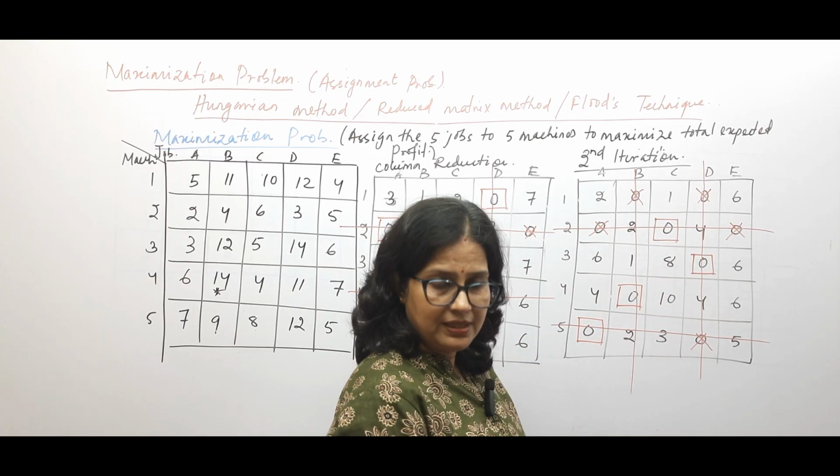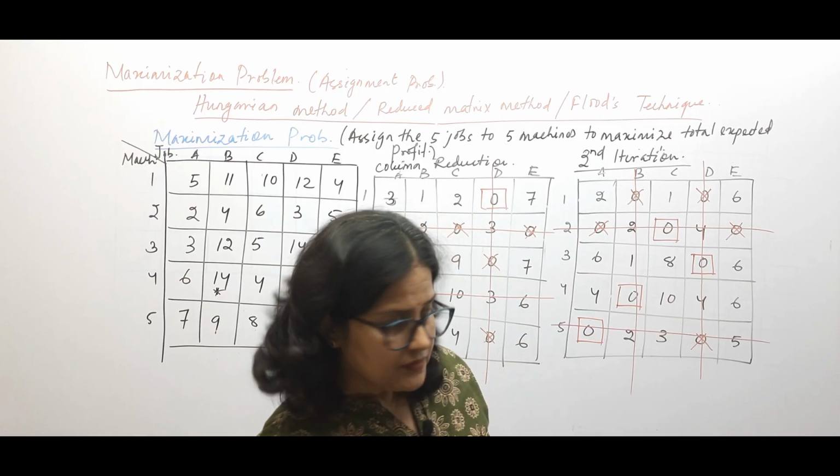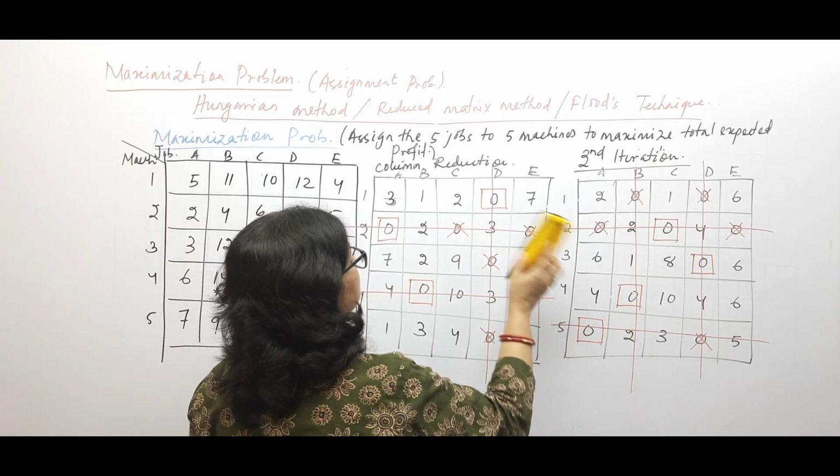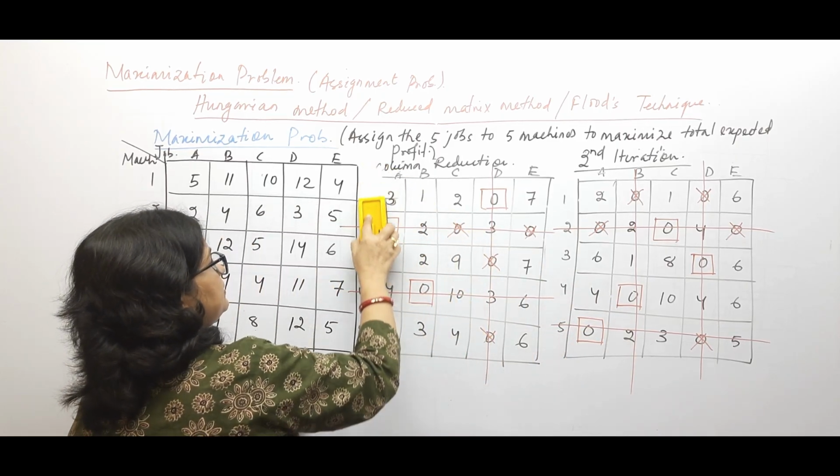So go for the third iteration. This is the second iteration, this is the first iteration, this is the second one. Again we need to go for the third iteration.